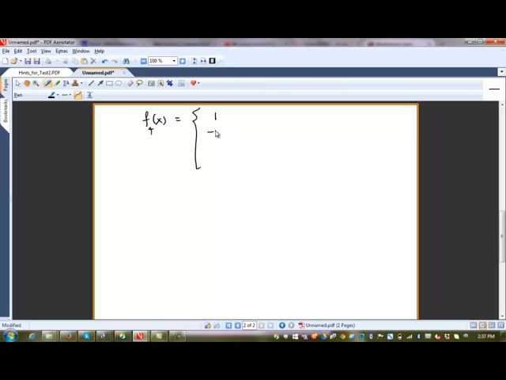So 1 for x less than 2, -1 for x bigger than 2 and less than 5, and 8 for x bigger than 5. Now this function has a discontinuity at 2 and 5. You can see that, right?